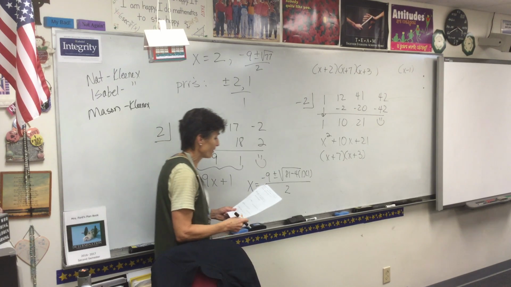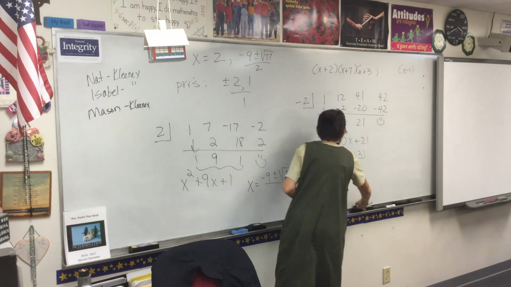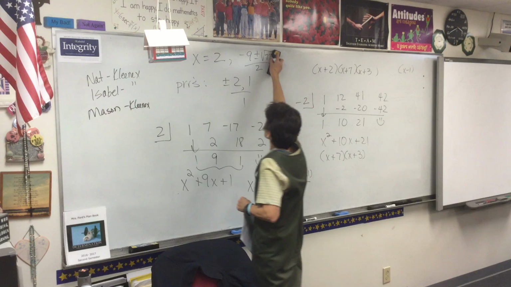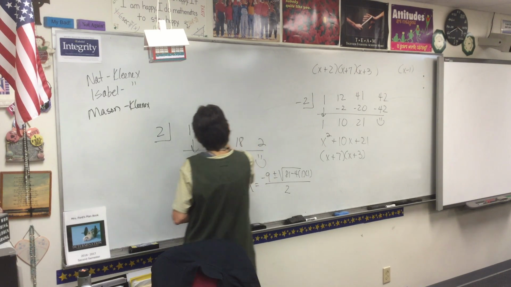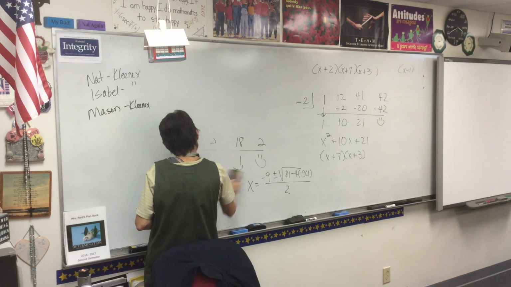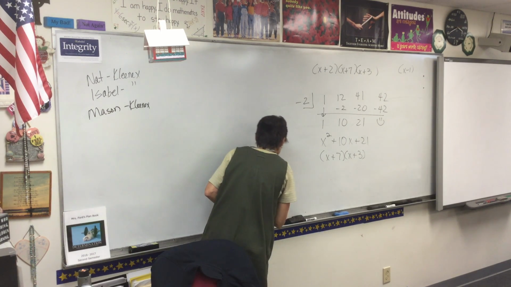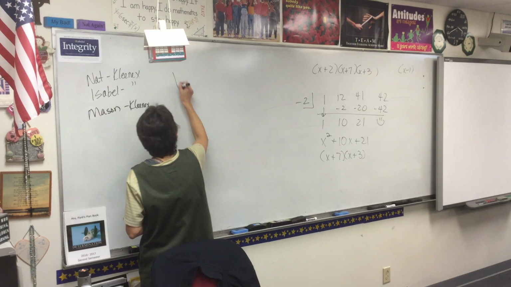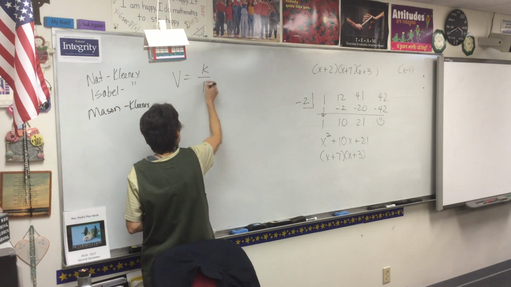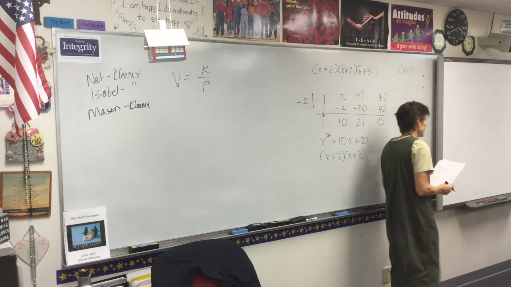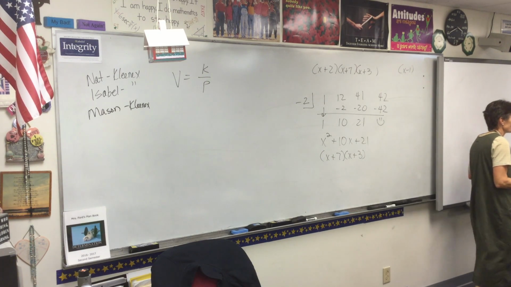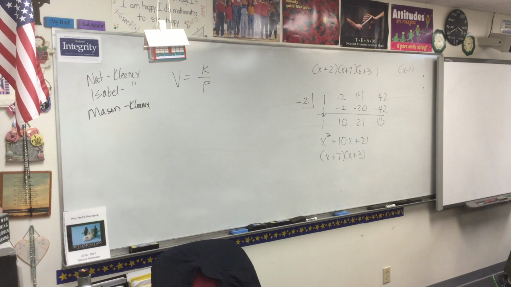All right, next problem. Volume varies inversely as pressure. What do you think of when you read volume varies inversely as pressure? V equals K over P. Beautiful. Inverse. Volume varies inversely as pressure.